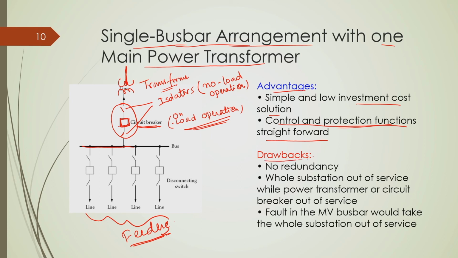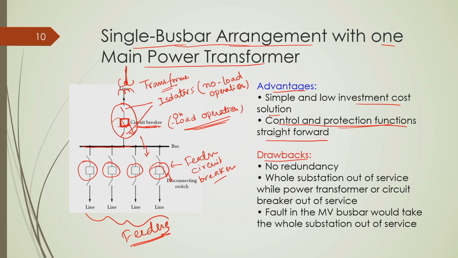But the drawback is that if there is any fault anywhere at this bus or at the circuit breaker. These circuit breakers are feeder circuit breakers. So, if there is any fault in any of these devices, either in the bus or the circuit breaker or this feeder circuit breaker, the total system will go out. Okay.